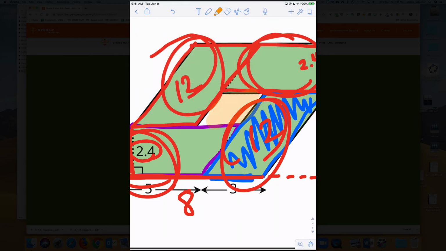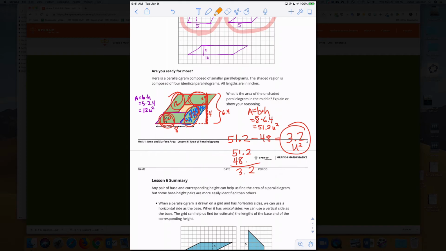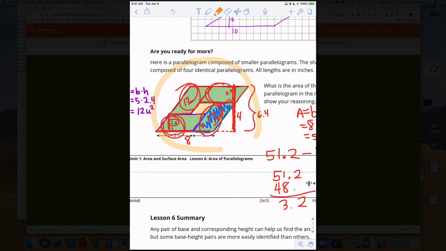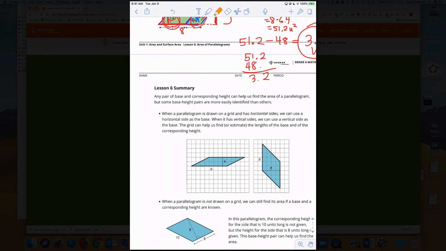All right. So that orange piece has an area of 3.2 because the whole parallelogram has an area of 51.2. We know that the 4 green parallelograms have an area of 48. You subtract the two, you get 3.2, and that's that missing area.